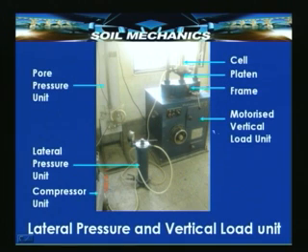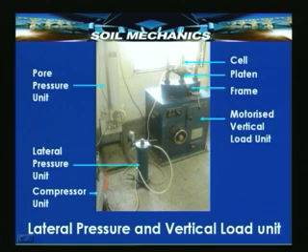So, using the same terminology which we used in one of the earlier photographs, we have here the cell, we have here the platen, we have here the loading frame, and then below the motorized vertical load application unit, and on the left you have a compressor which develops the air pressure that is required to apply the lateral pressure.